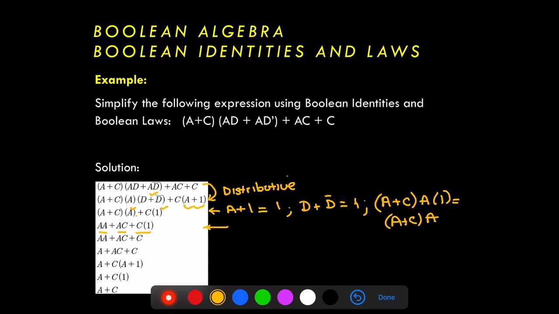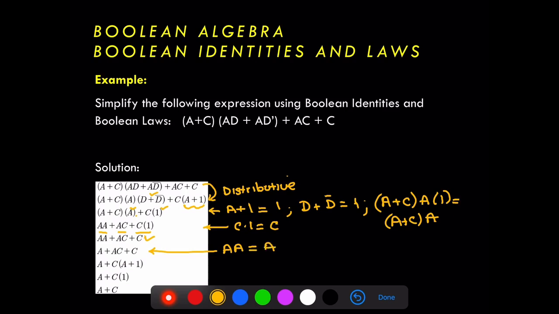Then we apply the fact that any variable ANDed with itself is equal to that variable, which simply gives us C in this case.